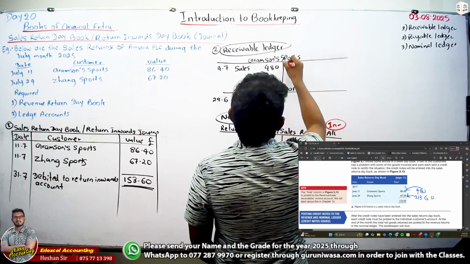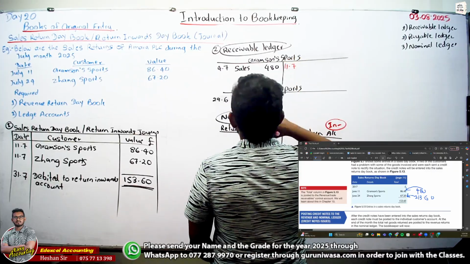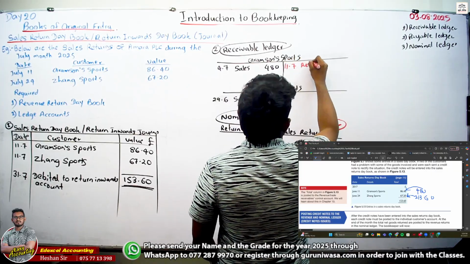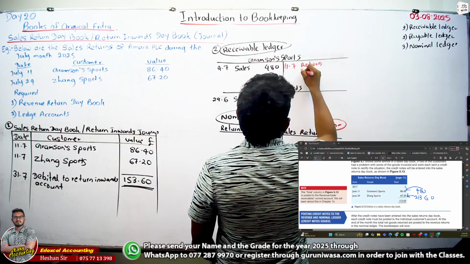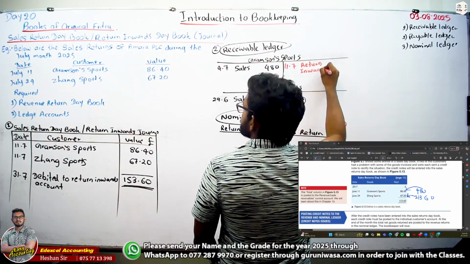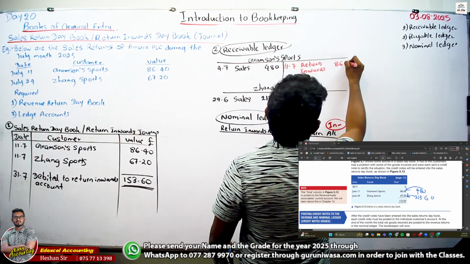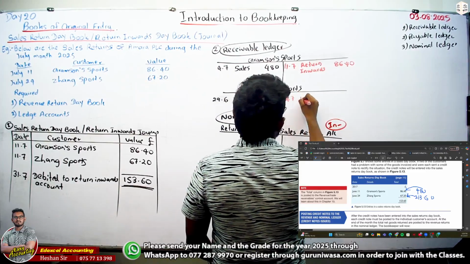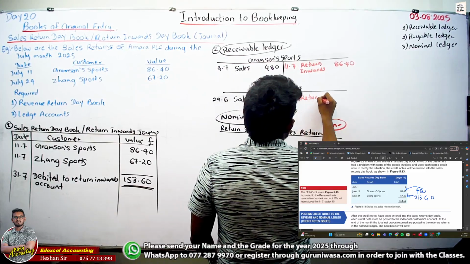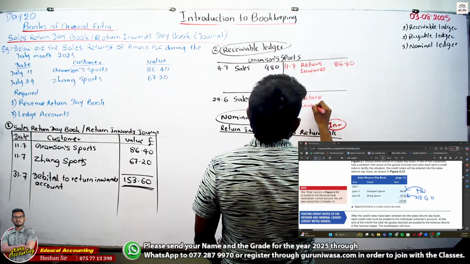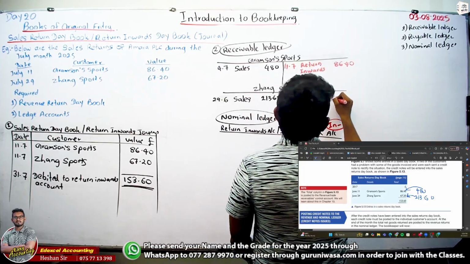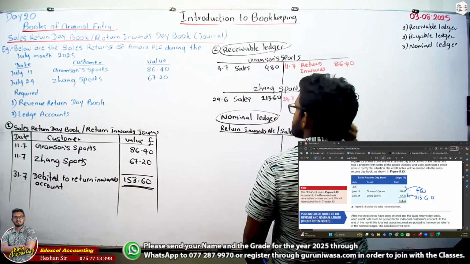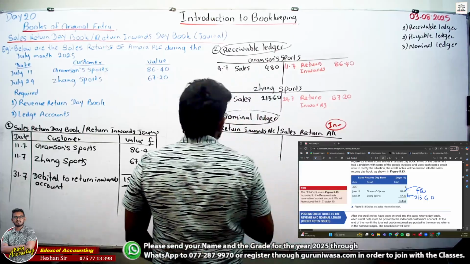So 11th of July, return inwards 86 and 40. 24th of July, return inwards 67 and 20 cents, right?